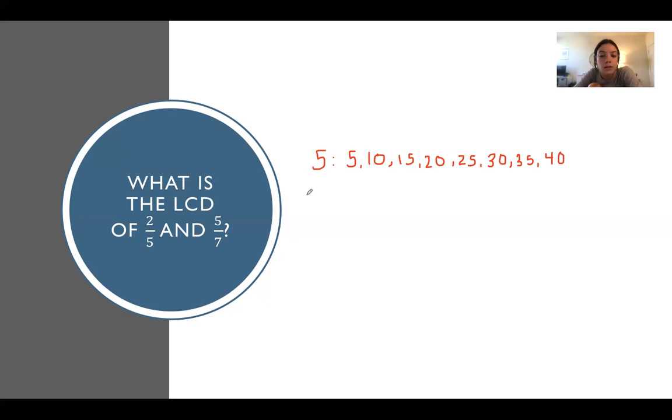And we'll stop there. So then 7: 7 times 1 is 7, 7 times 2 is 14, 7 times 3 is 21, 7 times 4 is 28, and then 7 times 5 is 35. So our least common denominator of 7 and 5 is going to be 35. So that gives us 35 as our answer.